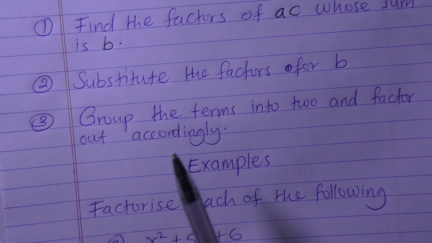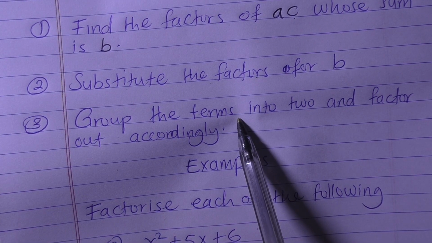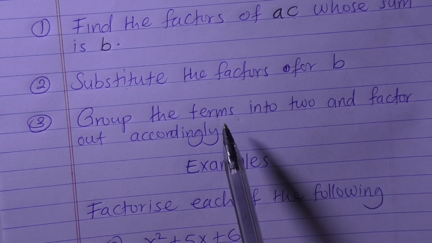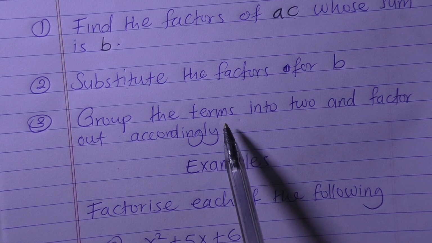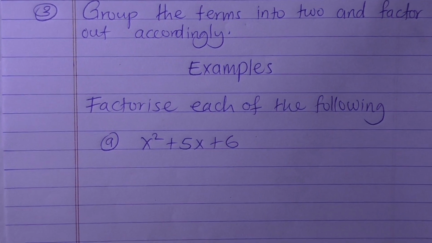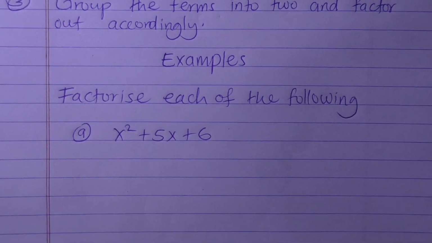Then lastly, we group the terms. There we shall have 4 terms. We shall group them into 2 and factor out accordingly. Those are 3 simple steps that I want us to look at how we apply them in our examples.